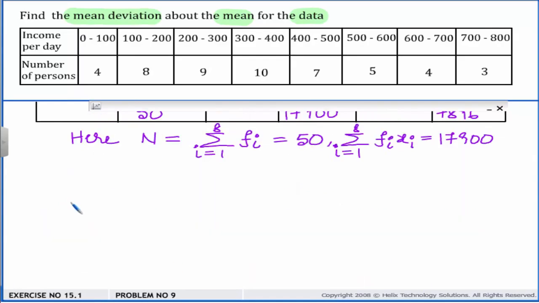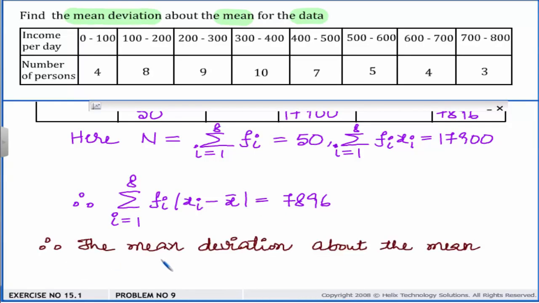So let us write it here. Therefore, the summation of Fi into modulus of xi minus x bar, where i equals 1 to 8, is equal to 7896.